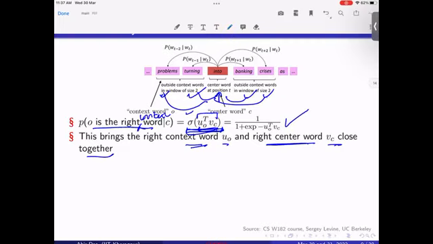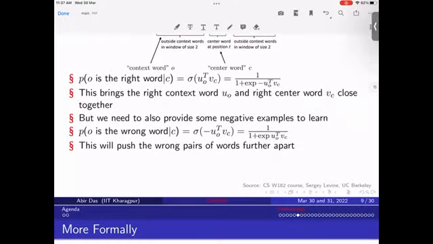But we are missing something here. You can think of it as a binary classification problem where you are always giving the positive examples. The model has to see some negative examples, examples from the negative class. So we need to also provide some negative examples to learn.